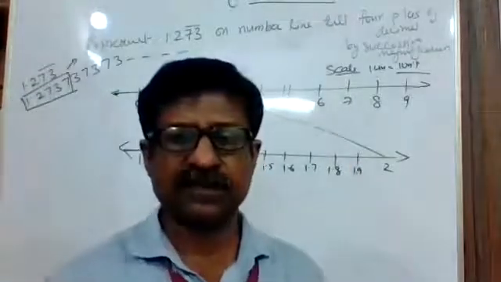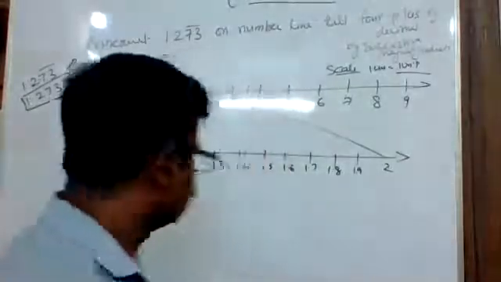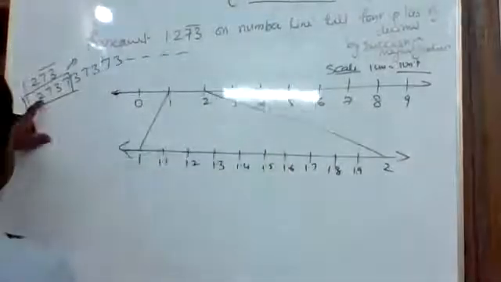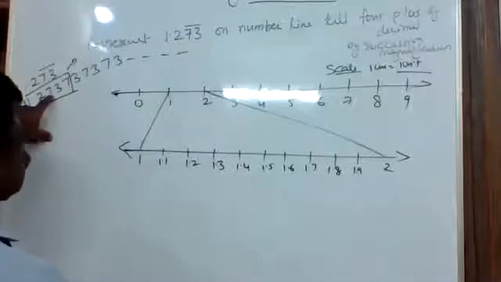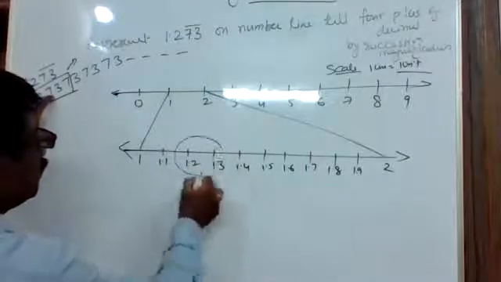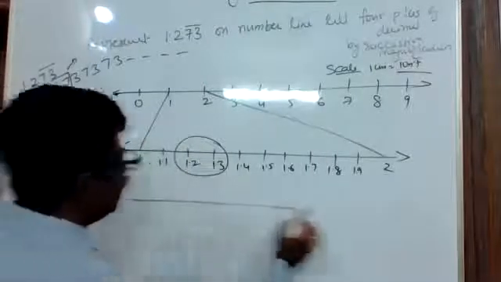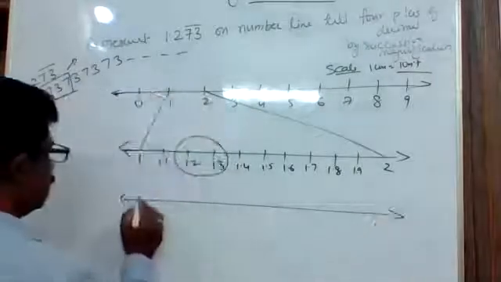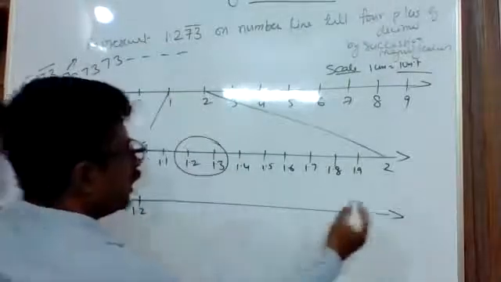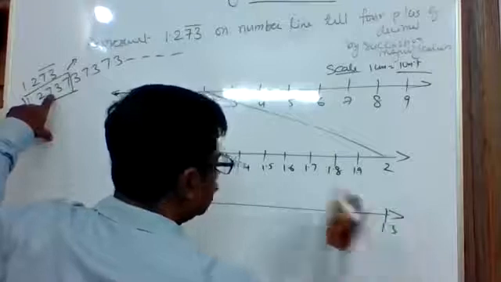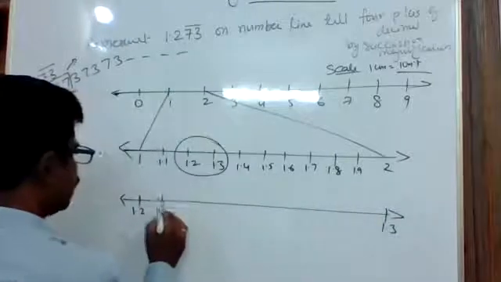Clear? Now, we'll take the next number. It is 1.27. Therefore, between 1.2 and 1.3, again we magnify. This is 1.2 and this is 1.3. This is 1.21.